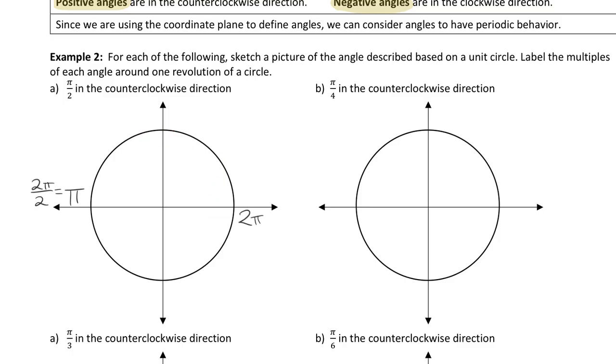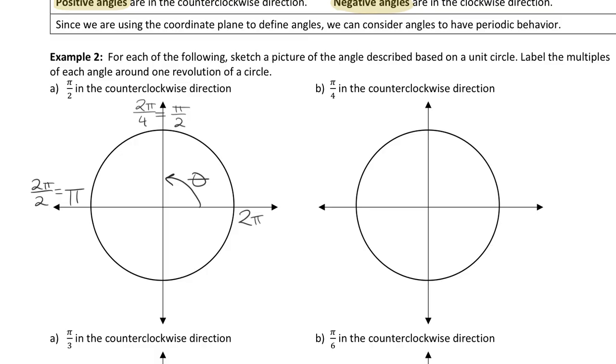So we're going to call this pi over 2. This angle right here, theta, is pi over 2 in the counterclockwise direction. Because I know where I'm going with this, I also want you to write down 2 pi over 4, because 2 pi over 4 is pi over 2.